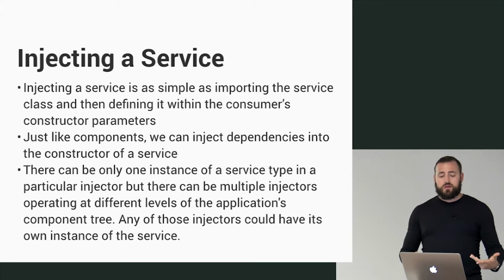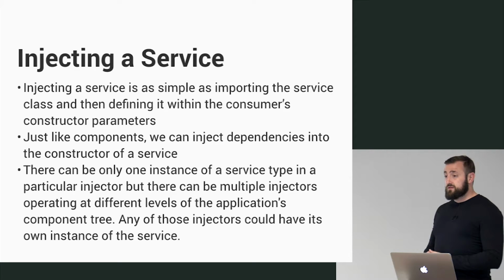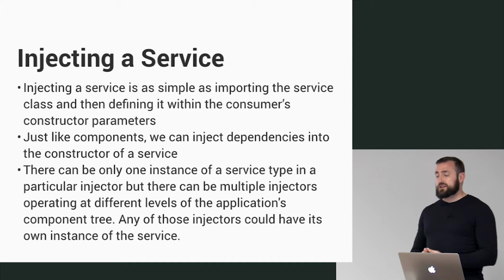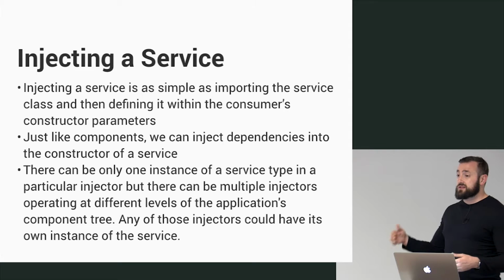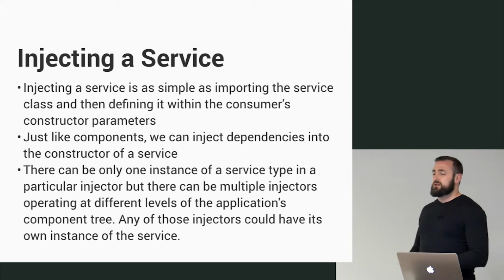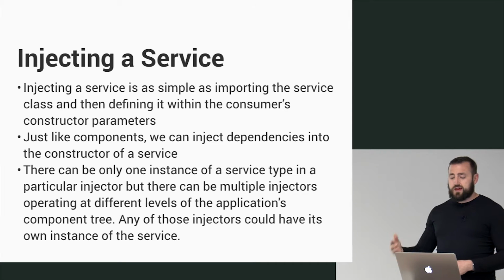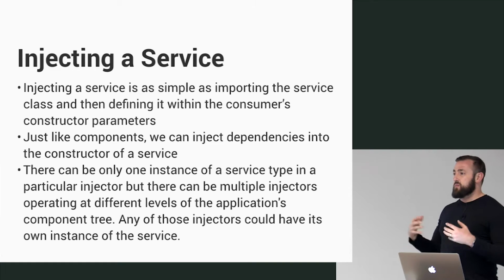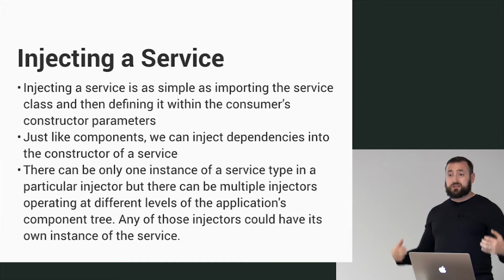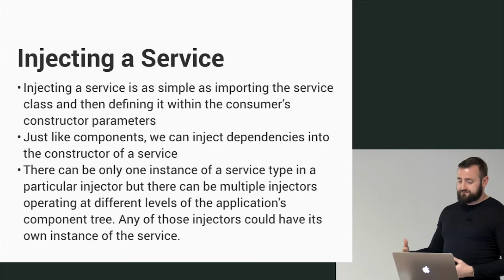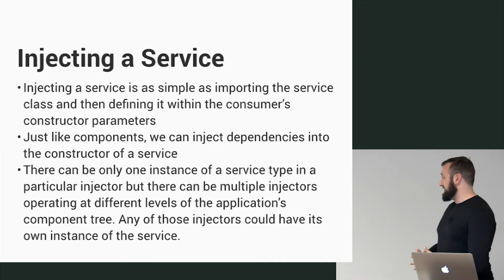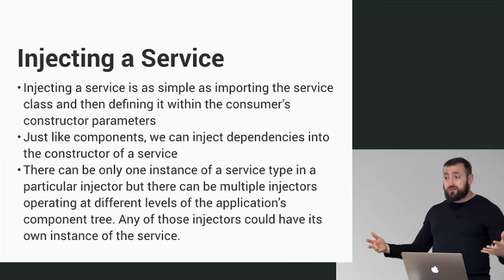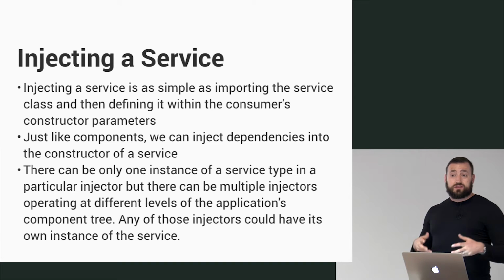So the difference with Angular 2 is you can have multiple injectors. And this is where, again, it gets interesting with hierarchical dependency injection, that you can now have multiple injectors operating at various levels in your application, and so every component can have its own injector, if you will.